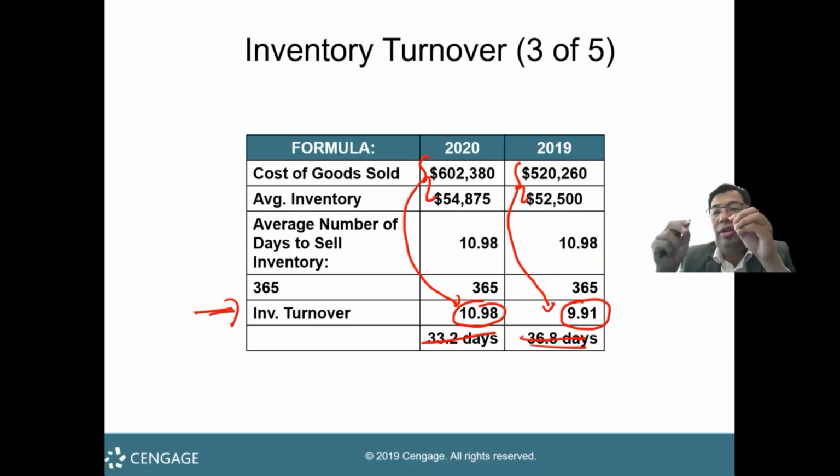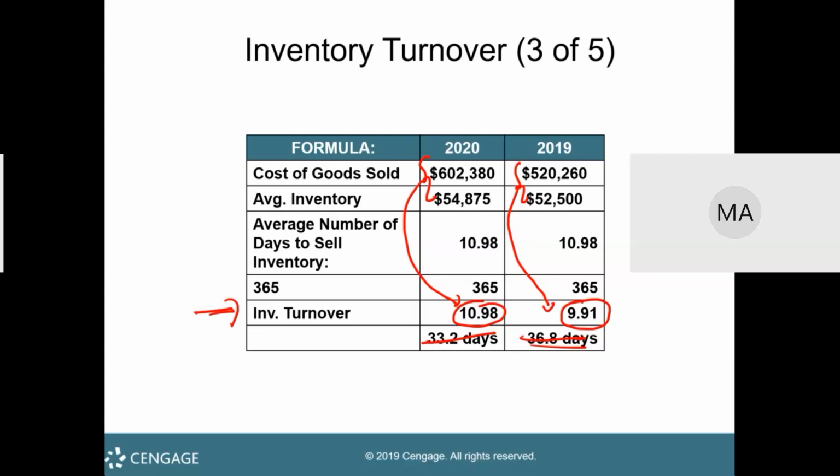So inventory turnover measures how quickly the company replaces its inventories: 10.9 means that in 1 year the company replaced its inventory 10.9 times compared to 9.9.